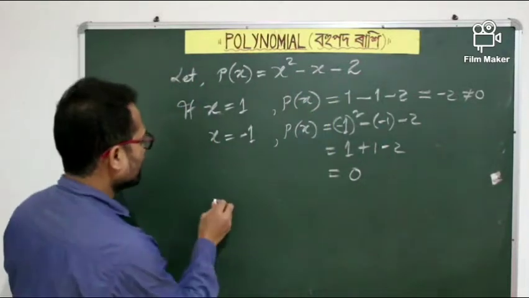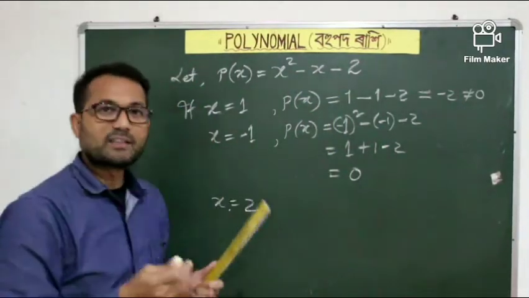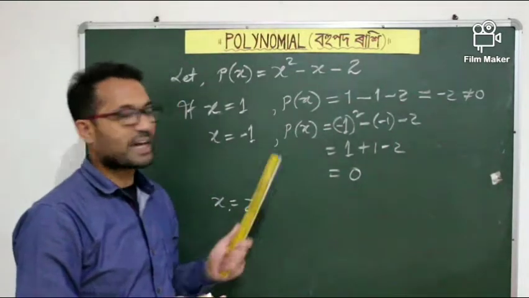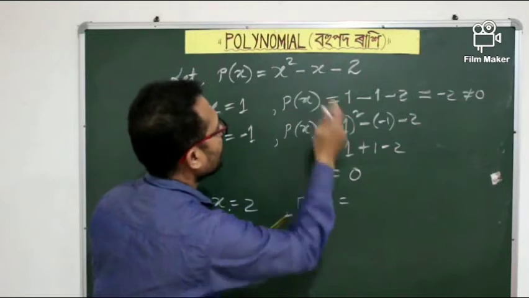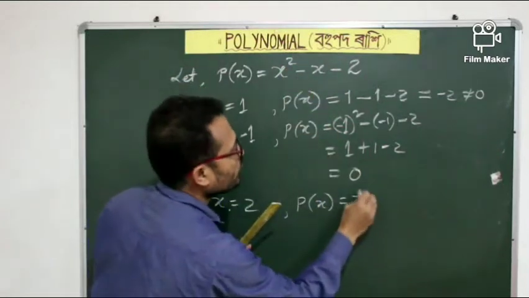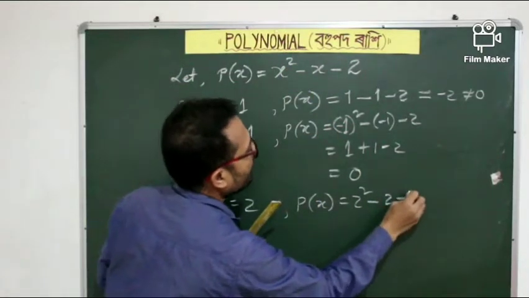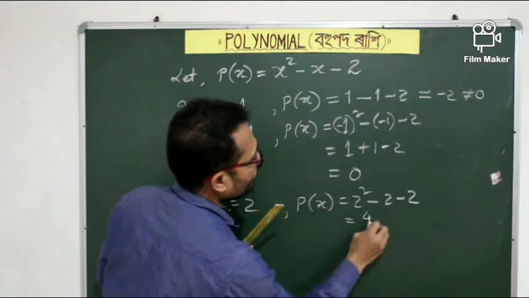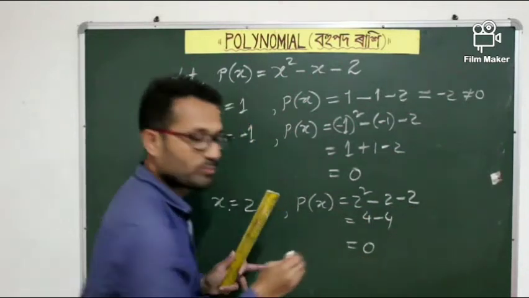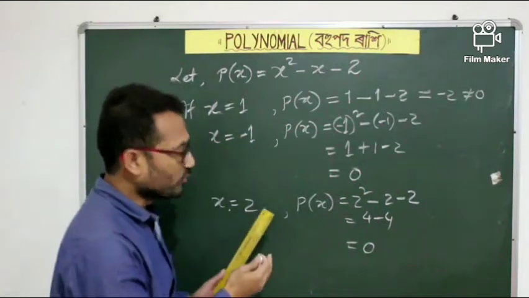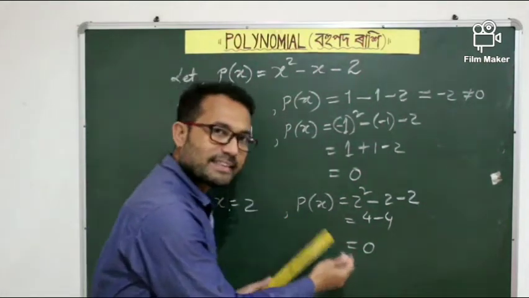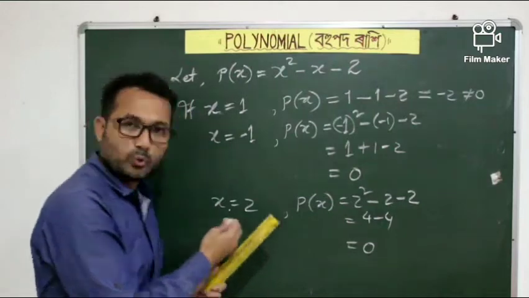Let me take x equals 2 and let's see what will be the value of p(x). For x equals 2, we have p(x) equals x squared minus x minus 2, so 2 squared minus 2 minus 2, so it is 4 minus 4 equals 0. Once again, we have found the value of p(x) as 0 when x equals 2.